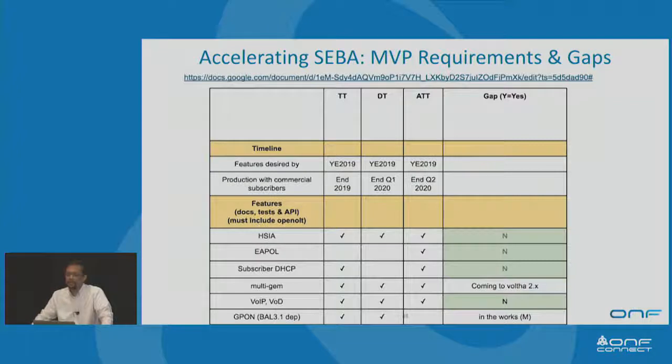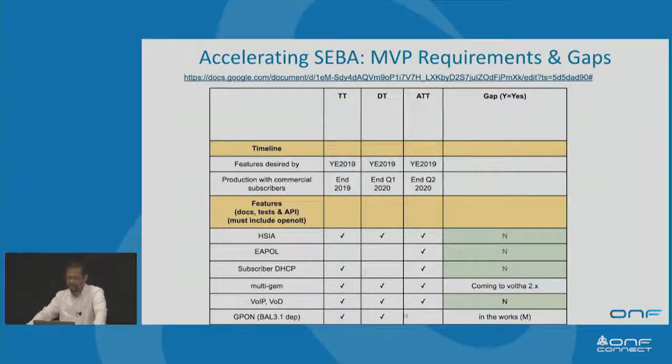Regarding your comment about 2018, they did do a trial. We announced it at ONF Connect last year in December. They have live subscribers in their trial in, I think it was Dallas and Austin. I'm kind of forgetting, but you can go back and look at the videos of ONF Connect last year. So they did do the trial. It was a small scale trial. This one was targeted to be bigger. But ultimately, AT&T needs to answer questions posed to AT&T.